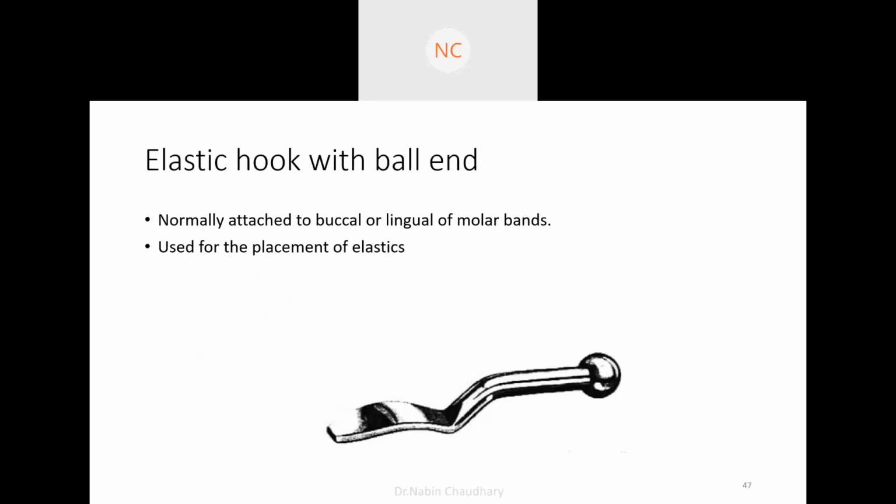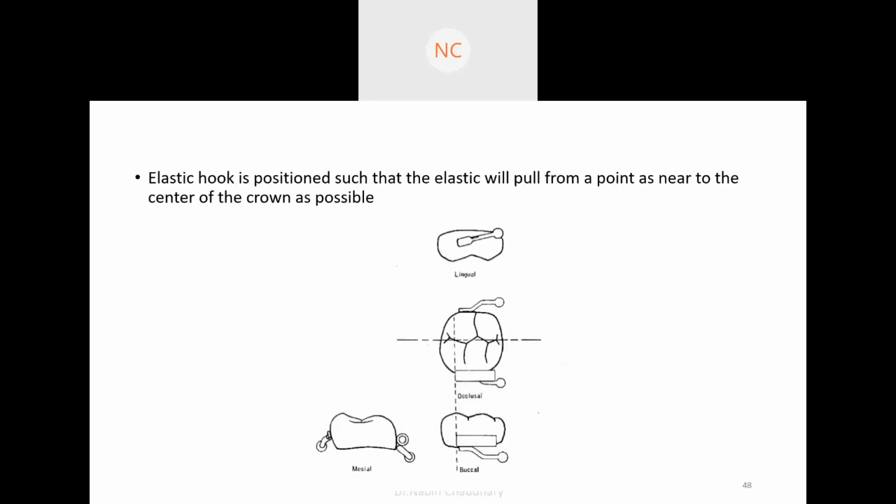Another component is the elastic hook with the ball end, and it is normally attached either buccal or lingual of the molar tubes, and it is used for the placement of the elastics. So the elastic hook, the ball end, can be positioned in the lingual aspect.